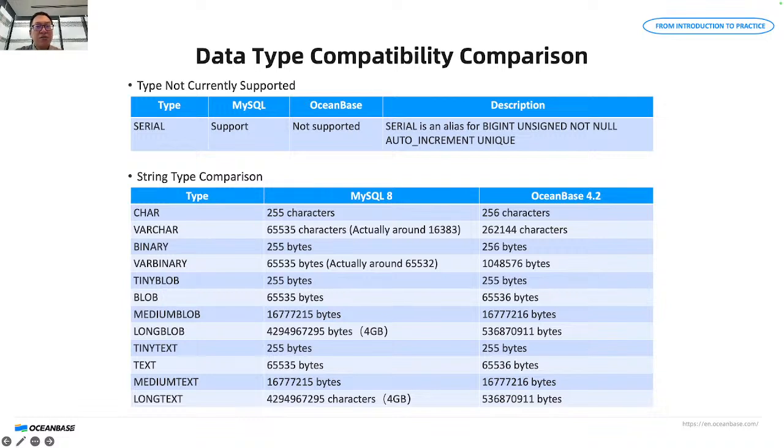Next is the string comparison. Because OceanBase's underlying storage is different from that of MySQL, there are some differences in string storage, such as varchar, char, binary, blob, and others, which all have some difference in length. If you're interested, you can learn more from the OceanBase official website.